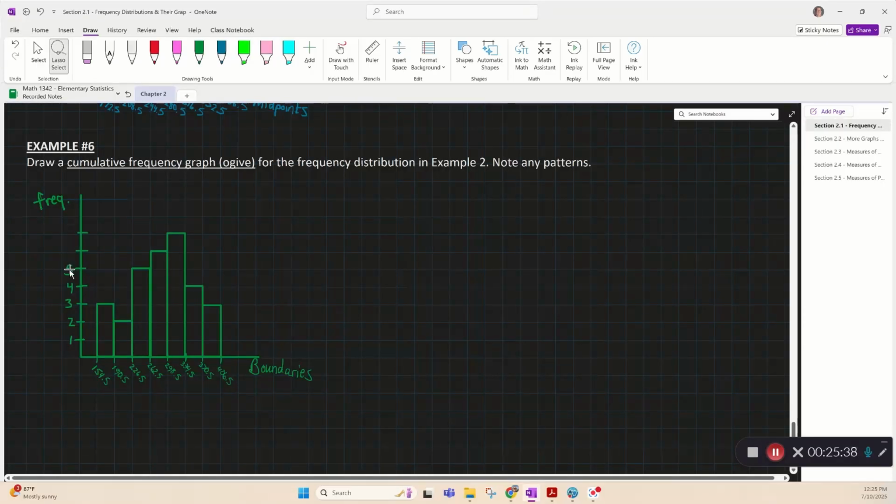Delete all of these rectangles. At least our axes are here.